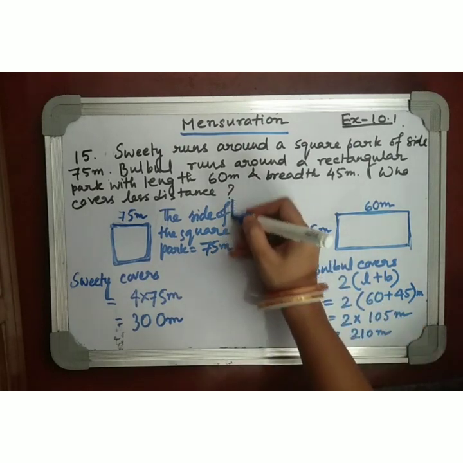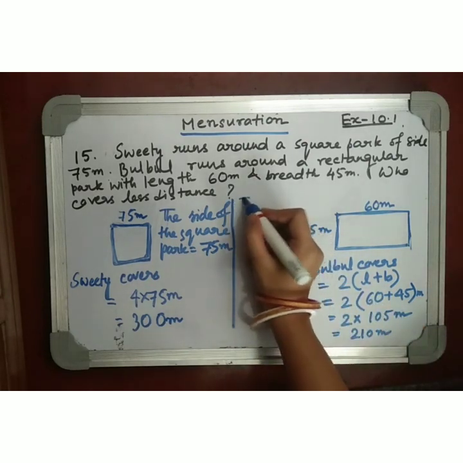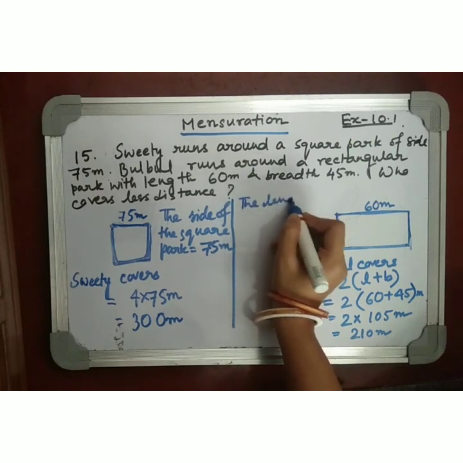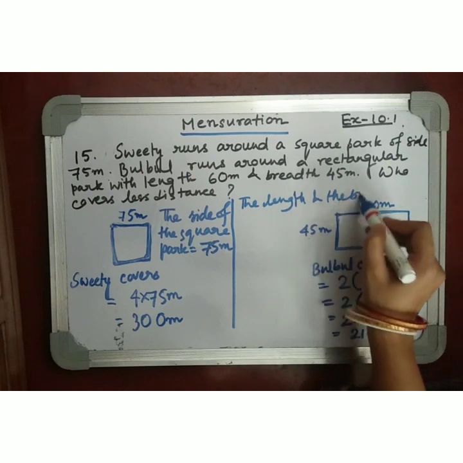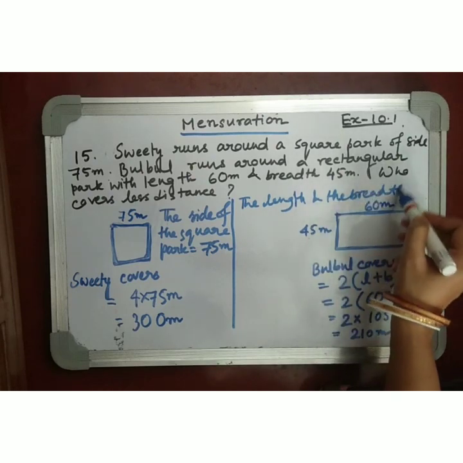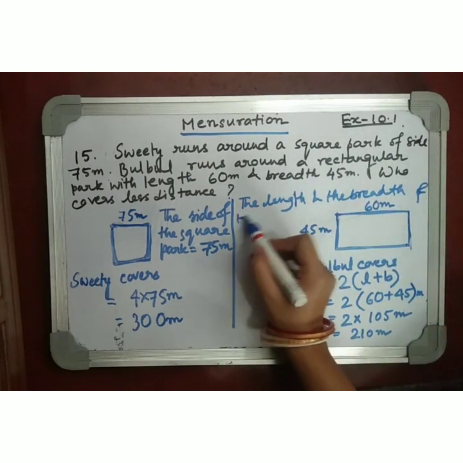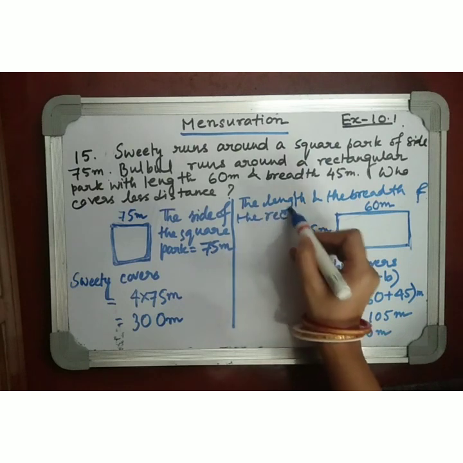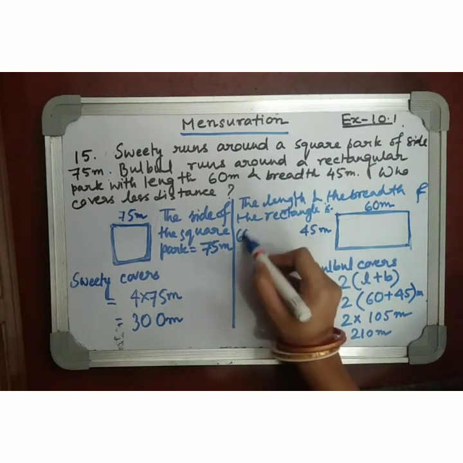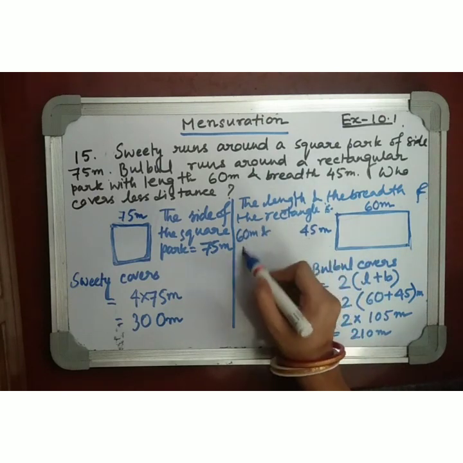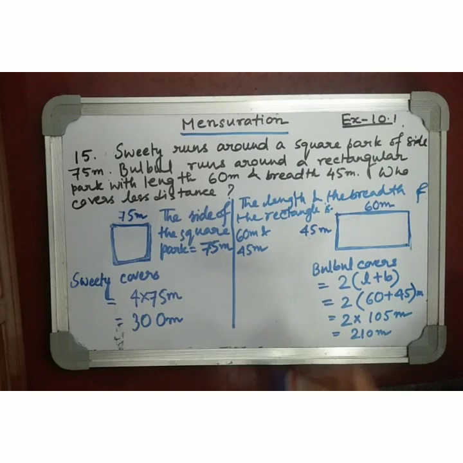And here also you should write the length and the breadth of the rectangle is 60 meter and 45 meter.